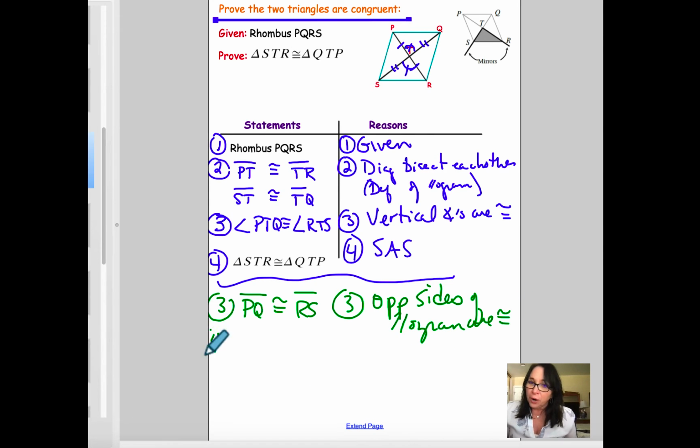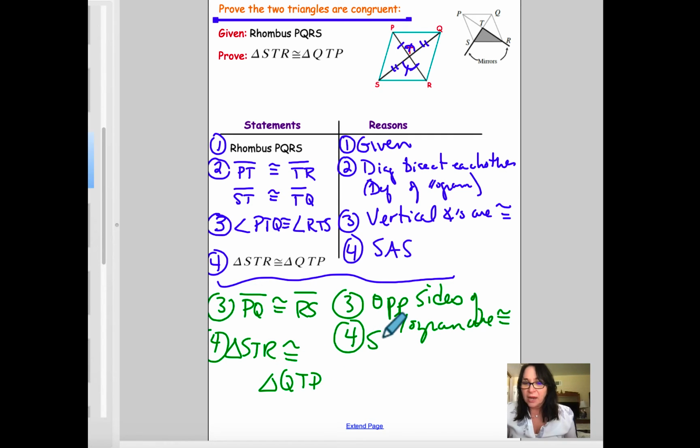And then 4 would be the same. I would still say that two triangles are congruent, but instead of saying side angle side, I would say side, side, side, because then I have 3 sides. So that's up to you how you want to do that, because proofs are pretty unique to each individual, and you just have to decide how you want to work that out.